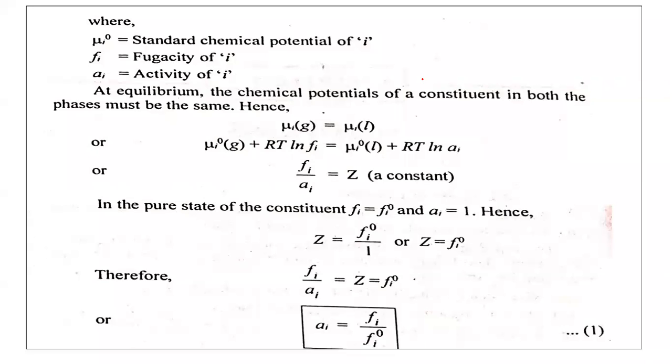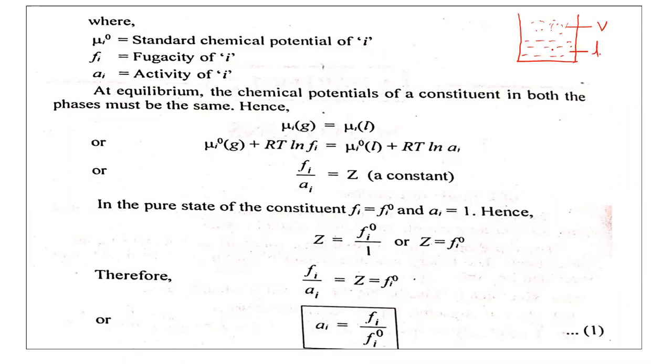At equilibrium, the chemical potential of a constituent in both phases must be the same. Suppose there is an equilibrium between the liquid phase and the vapor phase. We know the liquid has a tendency to go into the vapor state.